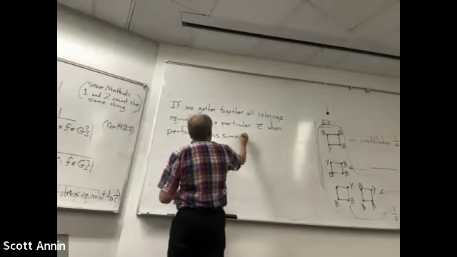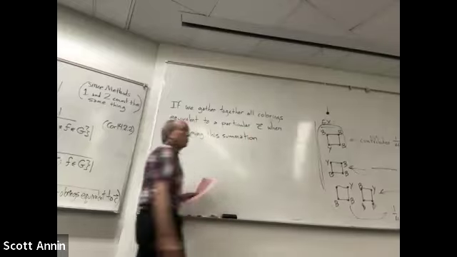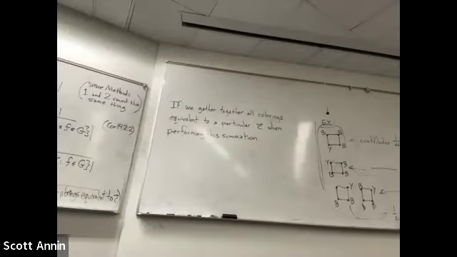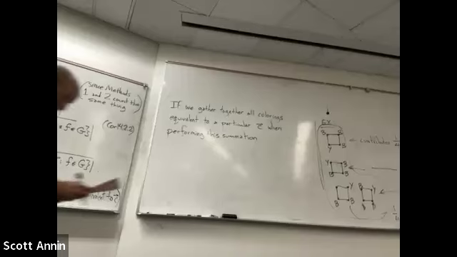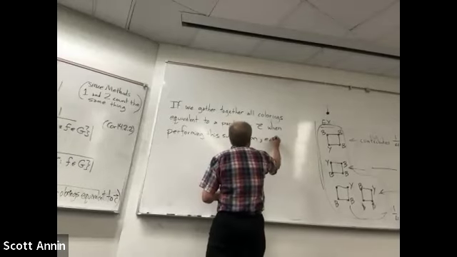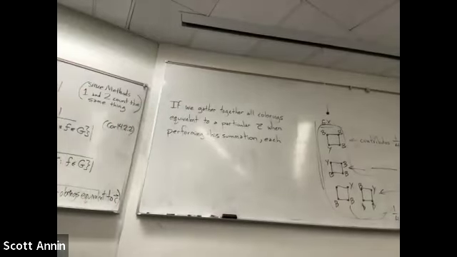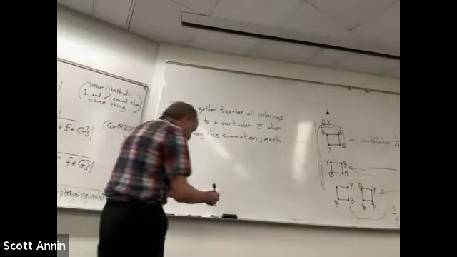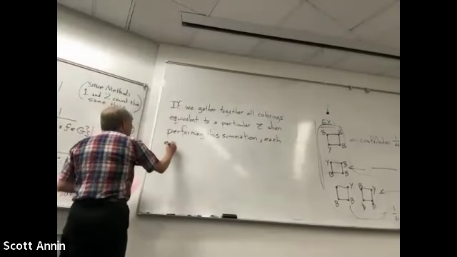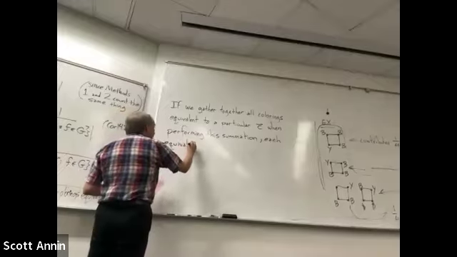so this is where the explanation is. You have to figure out how to make sure you understand this little write-up. So if we gather together all of the colorings that are equivalent to a particular C, as we're doing this summation, then each equivalence class, it's really what we're talking about.